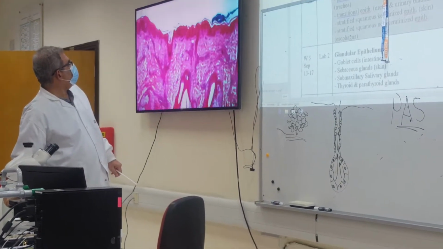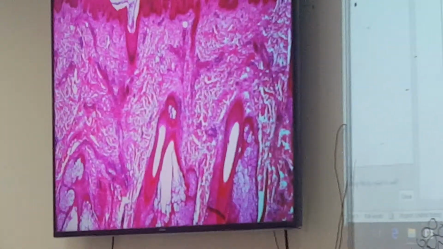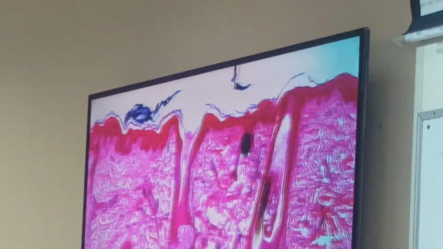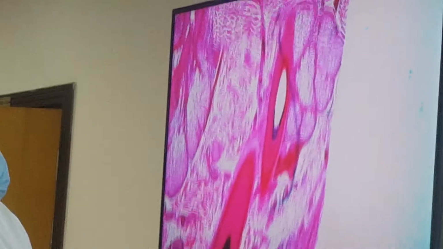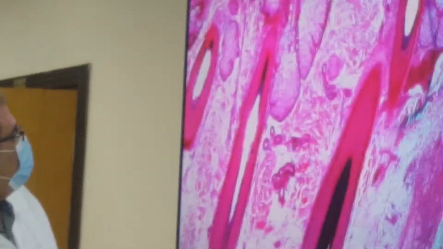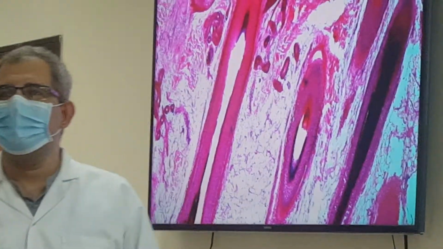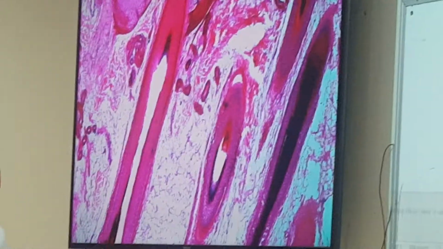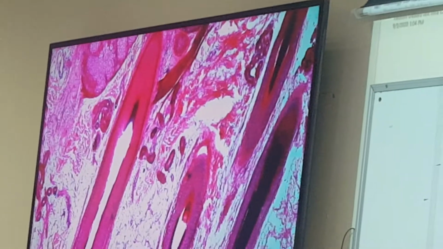I will just ask you what this tissue is. I will go through it like this, and you tell me what type of tissue this is. It's keratinized. Keratinized what? Keratinized what? What did we talk about last time that is keratinized? Stratified squamous epithelium.